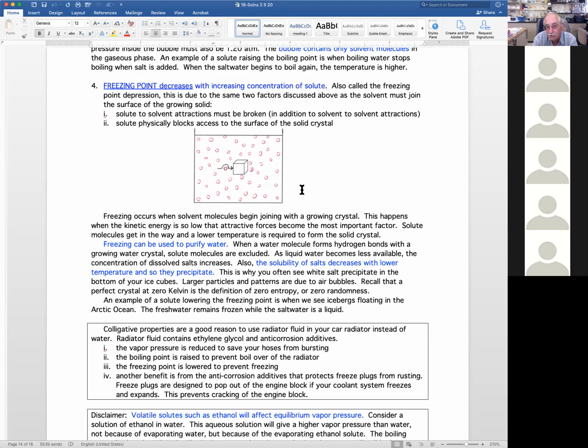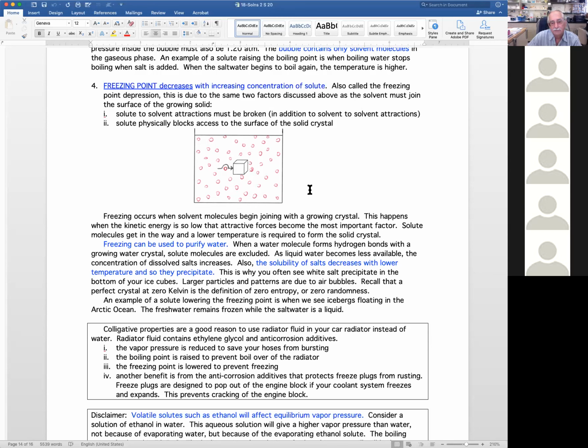The icebergs are still frozen, whereas the sea is not frozen. So the freezing point decreases. It has to be colder to freeze salt water than to freeze regular water. Is that also because the ocean is constantly moving? Probably not as much, but kinetic energy is related to temperature, right? So, yeah.